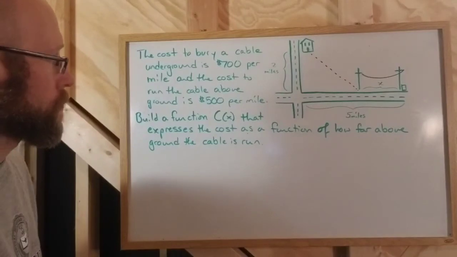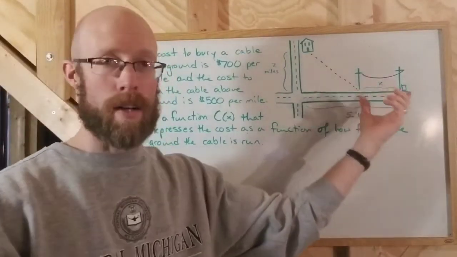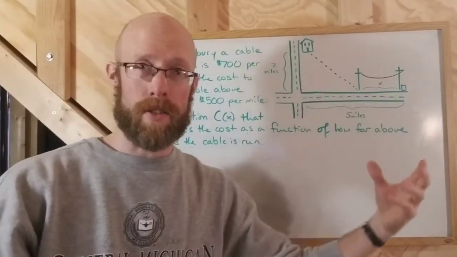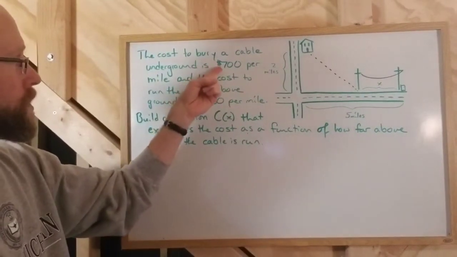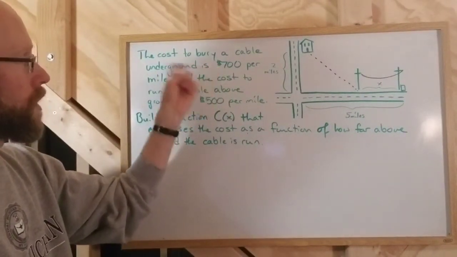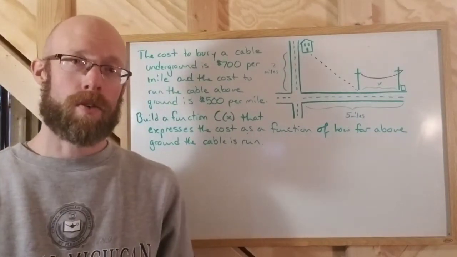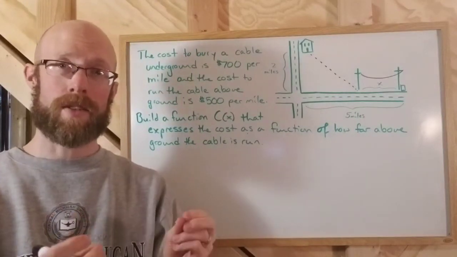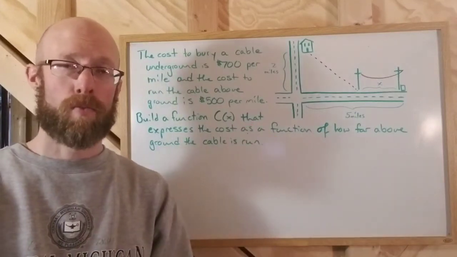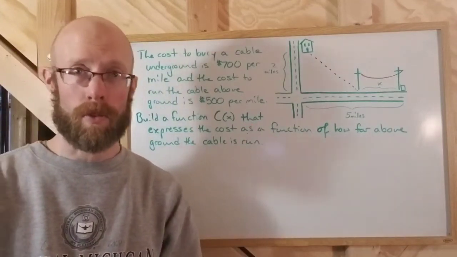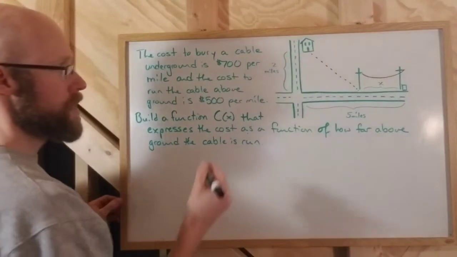First of all, we can figure out the cost for each of these based upon the distance, right? We know the cost is $700 per mile underground and $500 per mile above ground. And so if I want the cost, I just take the distance times the rate, and that will give me the total cost. So what I really need are the distances.